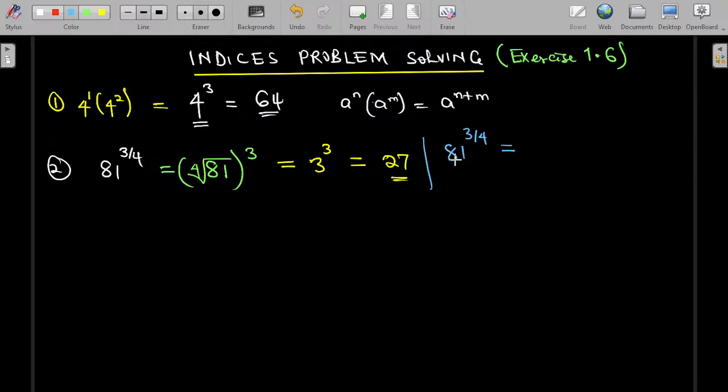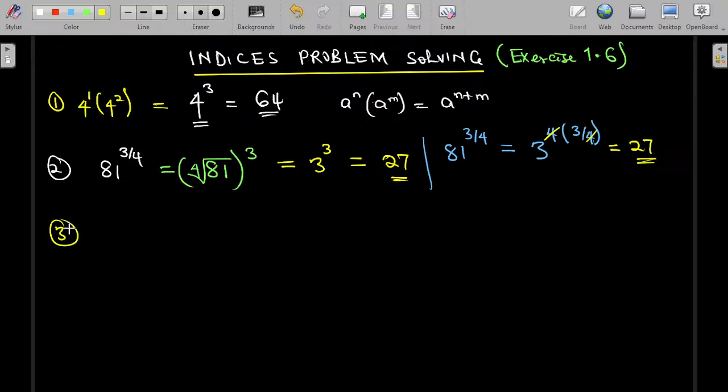And of course, I can write 81 as 3 to the power of 4. Because there is an existing power here, there is a rule that says both powers will multiply, and that will give you the solution. 4 will cancel 4, so you just have 3 raised to the power of 3, which is 27. So that's for exercise 2.